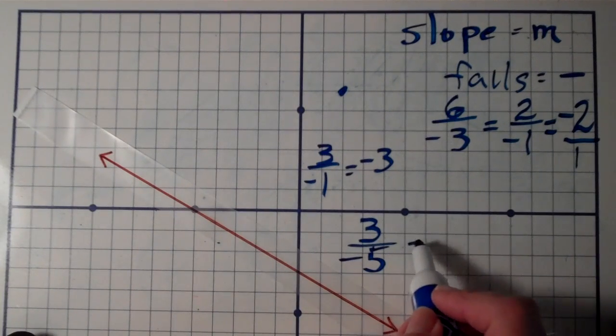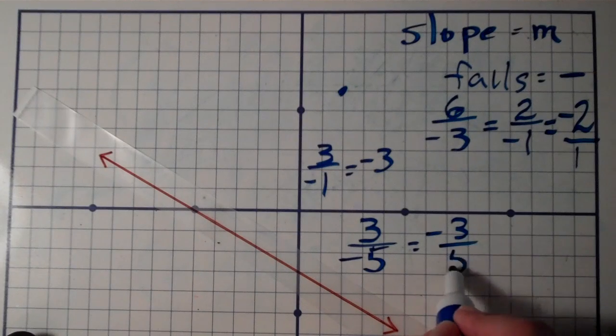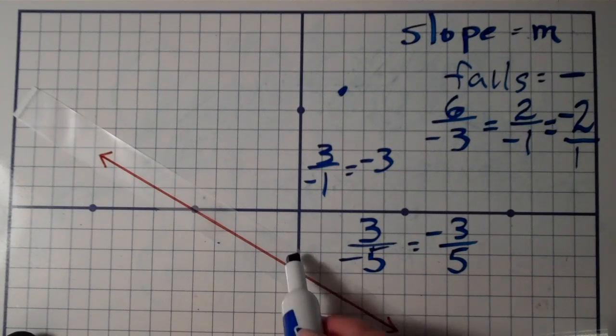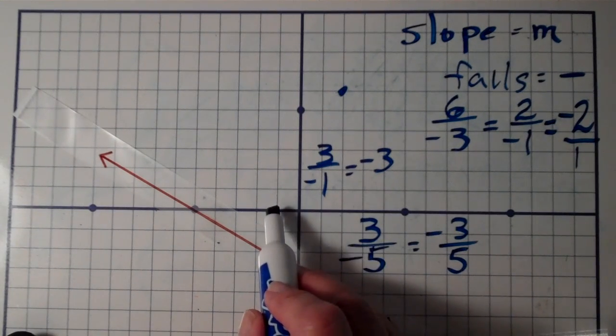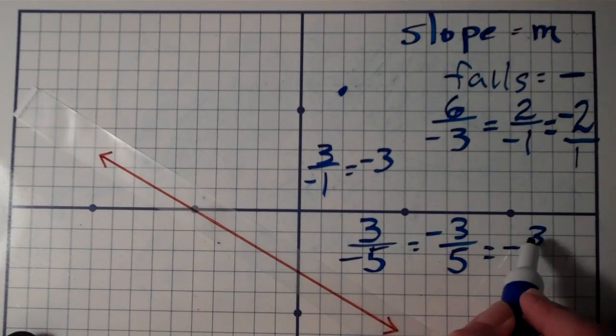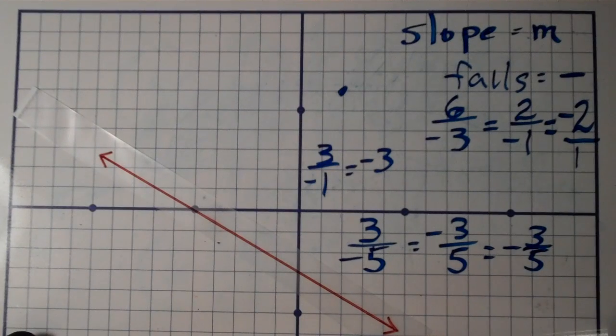Now you may see this as negative 3 over 5, and that's okay. I just think of it as rising 3 and going in the negative direction 5. Or you may see it this way. Same line. The slope is negative.